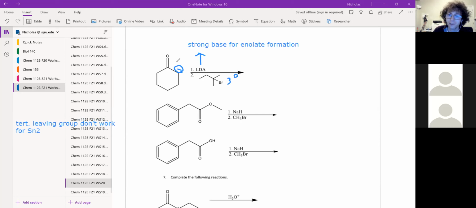But if you have a good nucleophile and a tertiary substrate, you're typically going to be doing an E2 reaction. So this is what would happen. You get an alkene. And then you get the same thing you started with. I'll just redraw that too. But this is the biggest change.